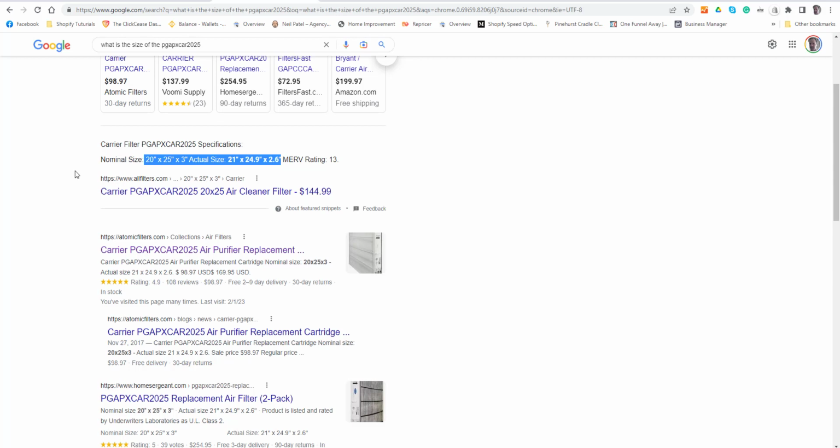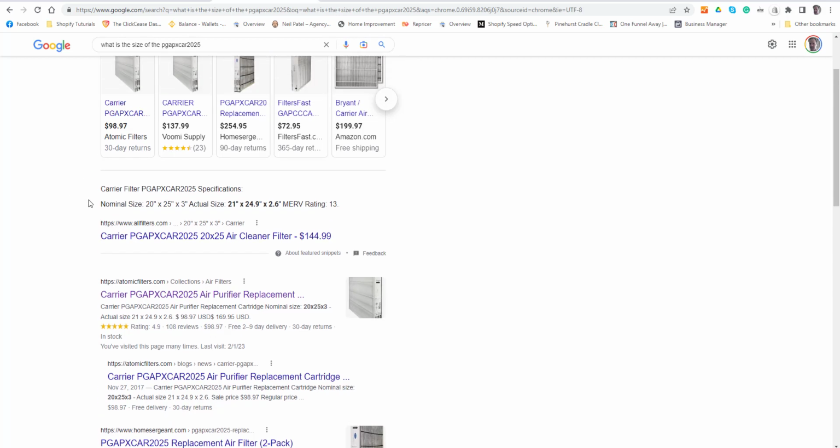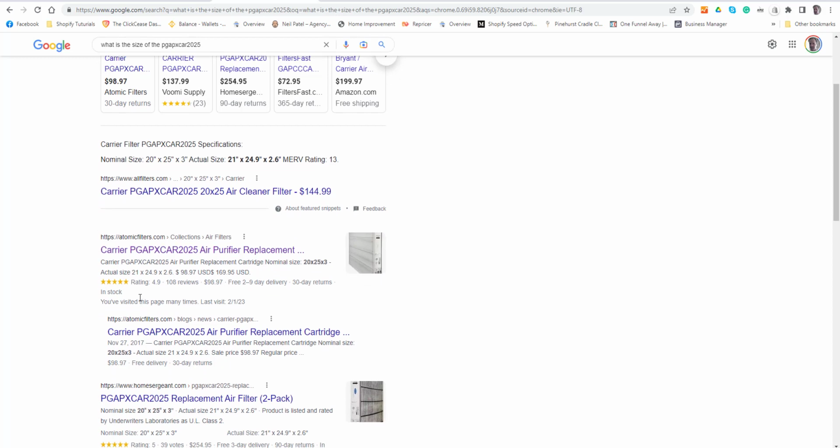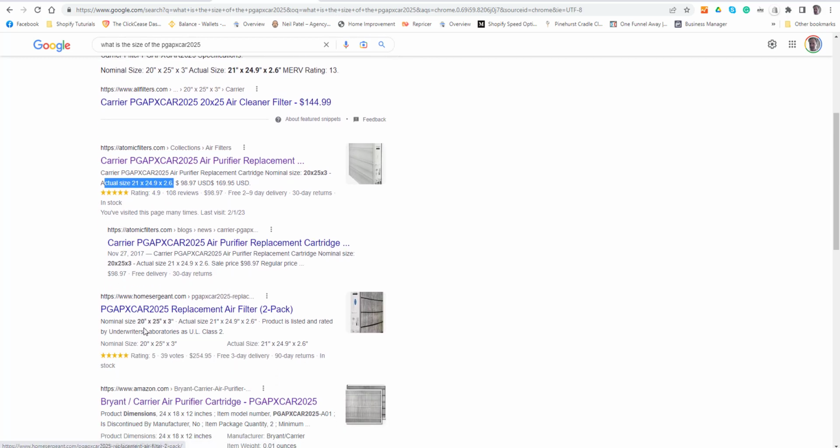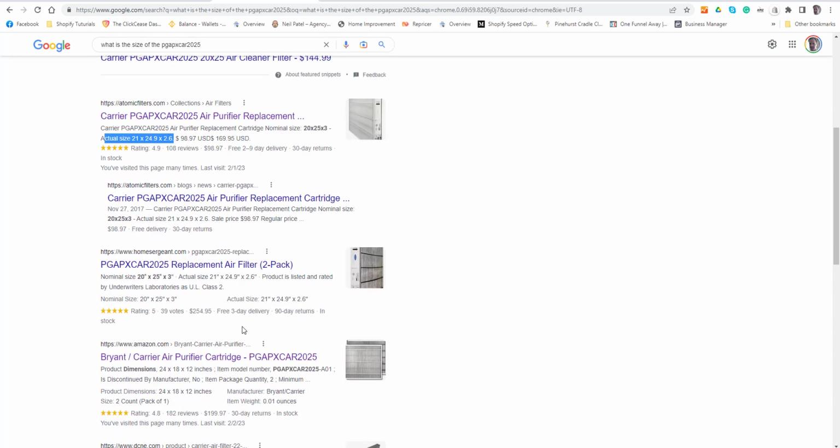So Google changes their algorithm so often it can be hard to know exactly what the right answer is. And this may just be ranked here first because it's the best price. So it's hard to say how sometimes they do it, but you can see here's another one that has the exact size and everything. So you can feel pretty confident because the first couple have the same thing, that they probably have the right dimensions listed.